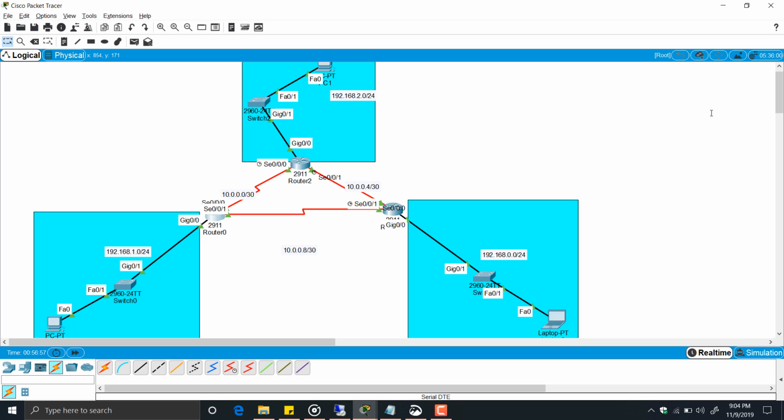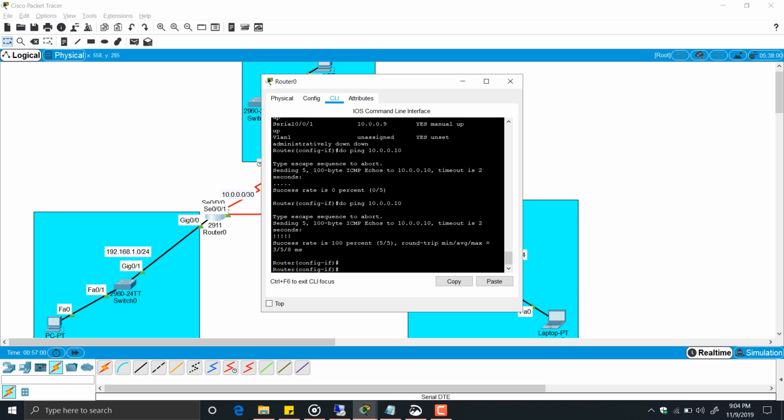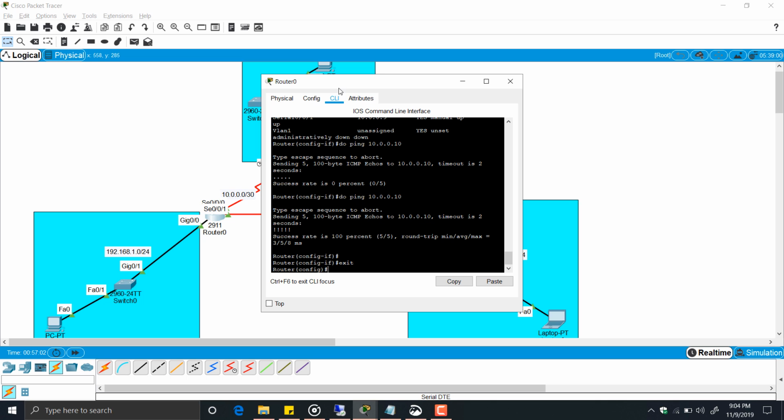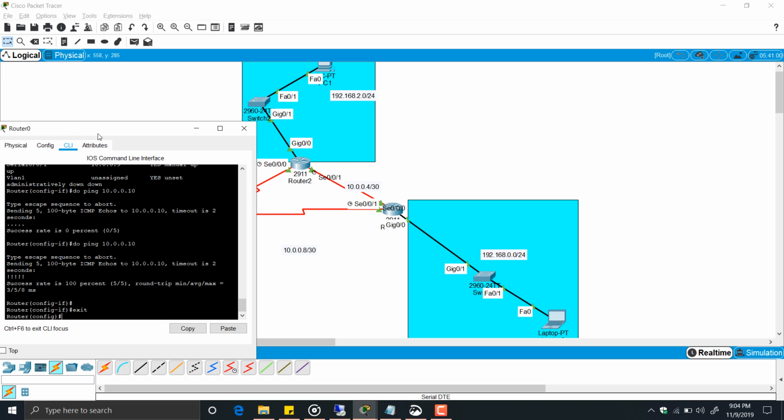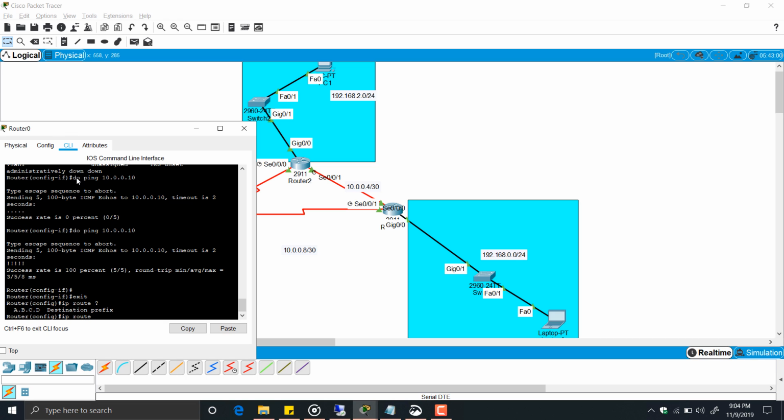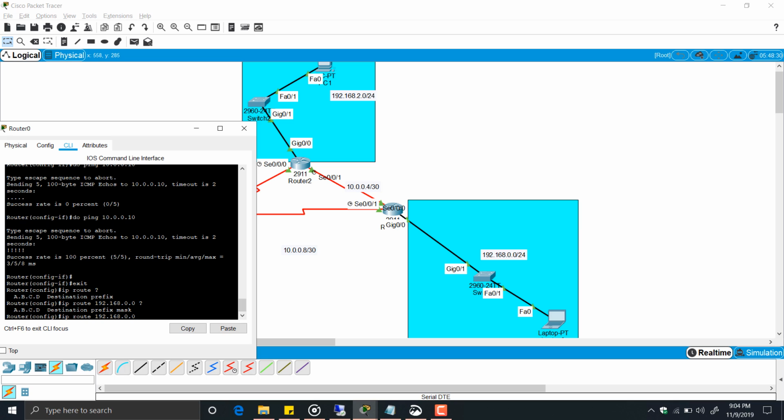We are going to have the same idea for this router right here. Okay, let's exit. All right, so let's move here. IP route. If you can see here, destination prefix. Okay, destination prefix, I'm going to put it as .0. Now you see destination prefix mask.